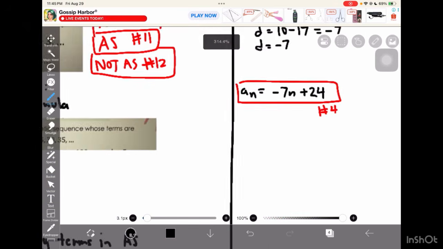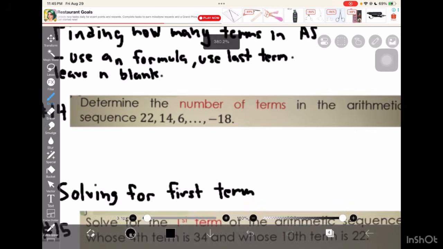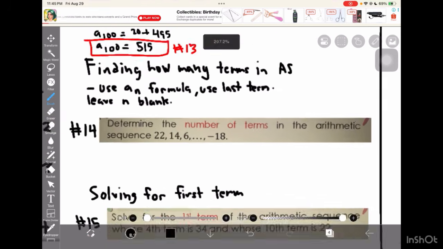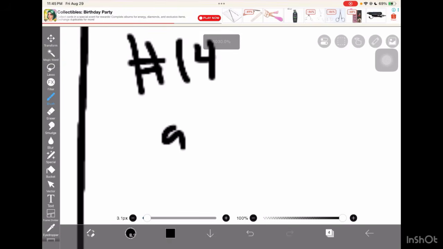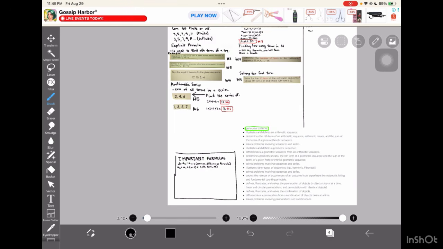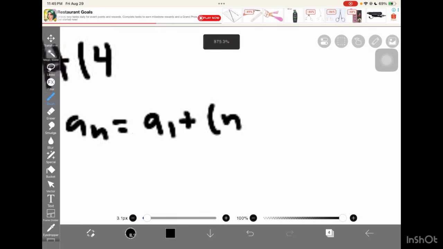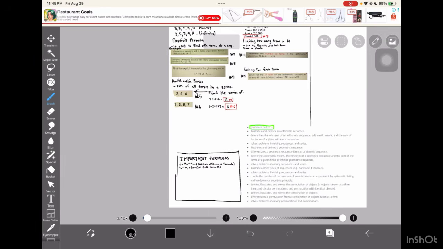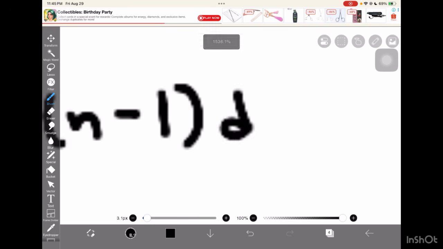So number 14. First and foremost, we need to know the last term, which is negative 18. And then using the same formula, a sub n is equal to a sub 1 plus n minus 1 times d, sorry.